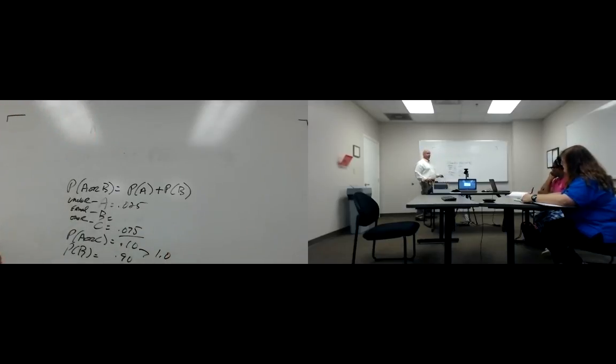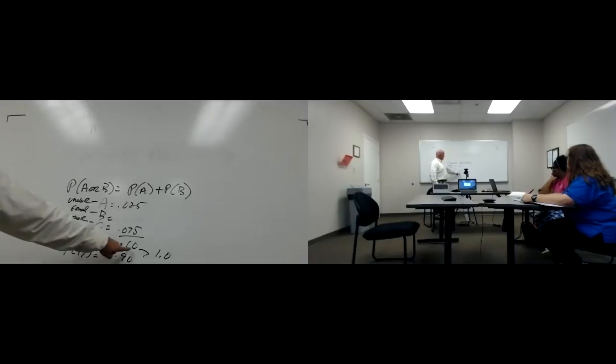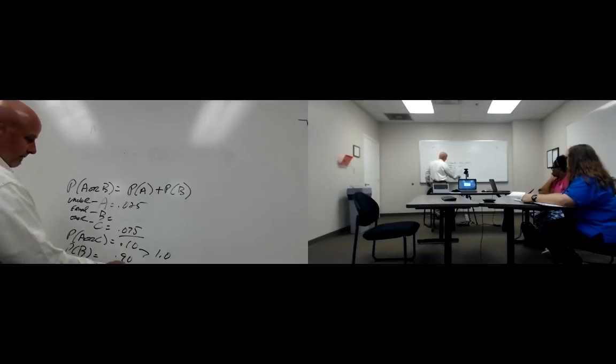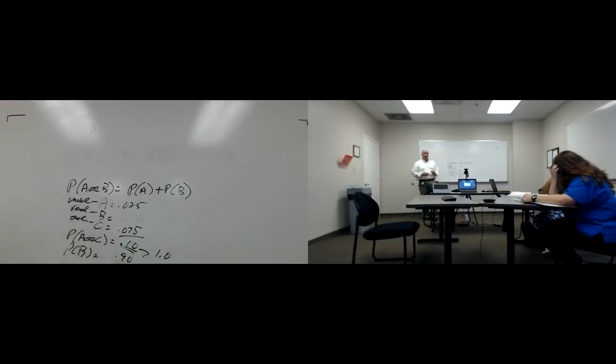So remember, using the complement rule, the probability of B occurring is equal to 1 minus the probability that it doesn't occur. Since it's mutually exclusive, the probability of A or C is 0.10, so if A or C occur, B cannot. So the probability B occurs is 1 minus 0.10, or 0.9.